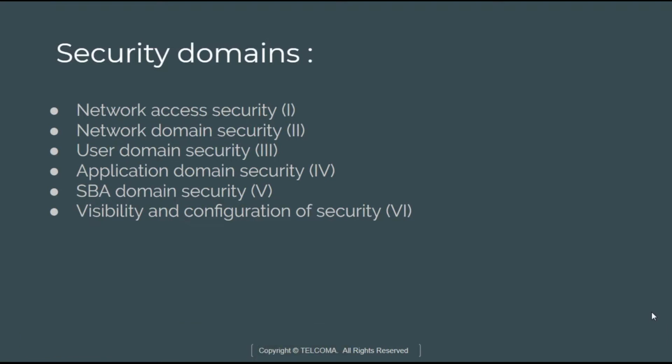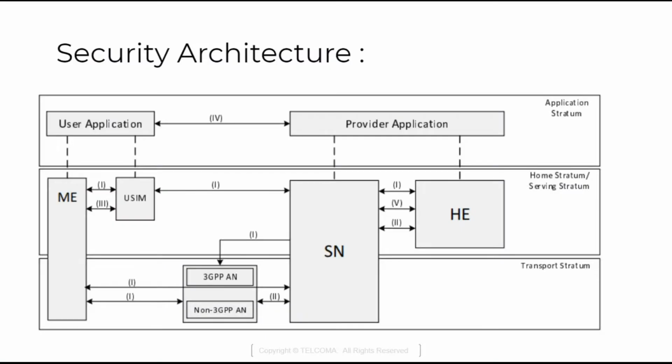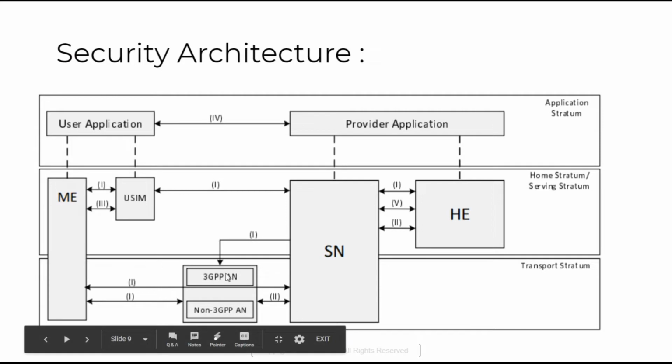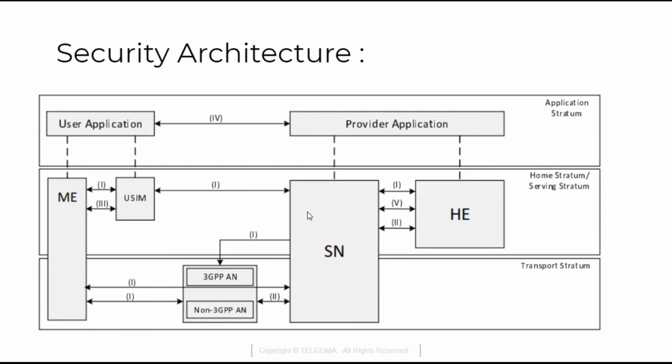Now here, first is the network access security domain. It is a set of security features that enable the user equipment or mobile equipment to authenticate and access services with the help of the network securely, including 3GPP and non-3GPP access, and in particular to protect against attacks on the radio interfaces.